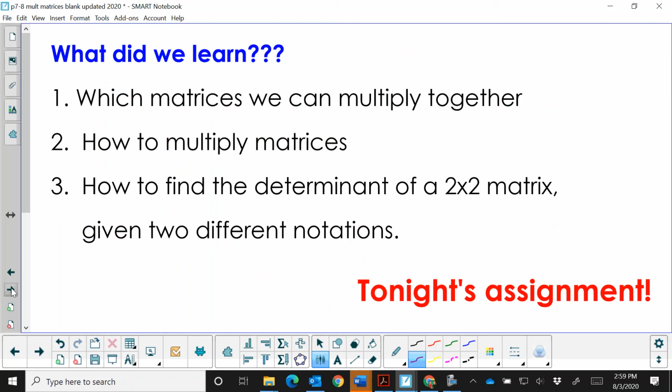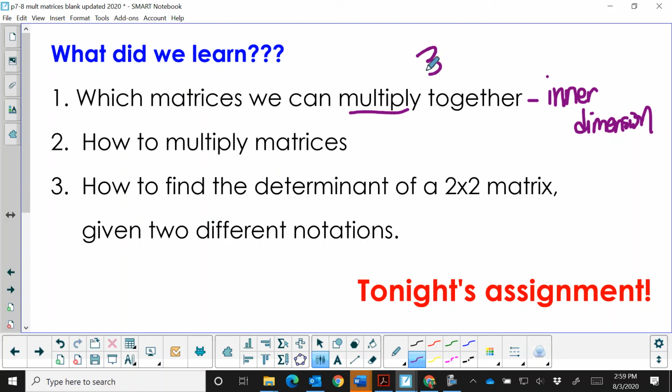Okay, so what did we learn today? We learned first which matrices we can multiply together. We can multiply together any matrices that have matching inner dimensions. Okay, let's write a quick example of matrices that we could multiply together.